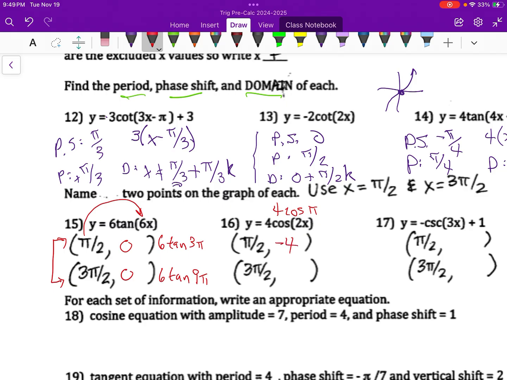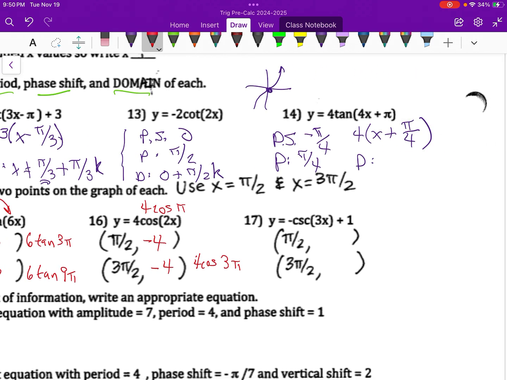So that's that answer there. 3 pi over 2 would really be finding 4 times cosine of, the 2's cancel, so 3 pi, and 3 pi still lands at pi. Cosine of pi is -1, that's still -4 too. I don't know why these are all the same. Okay, it's weird.